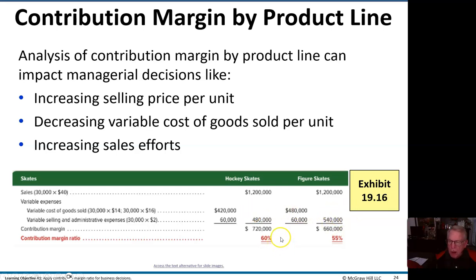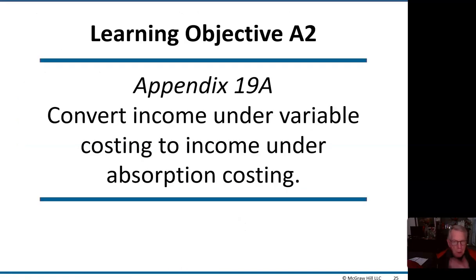At the bottom line here, our contribution margin for hockey skates is 60% and figure skates is 55%. Naturally, we want to focus on selling hockey skates versus figure skates because we make more money per pair of skates sold.